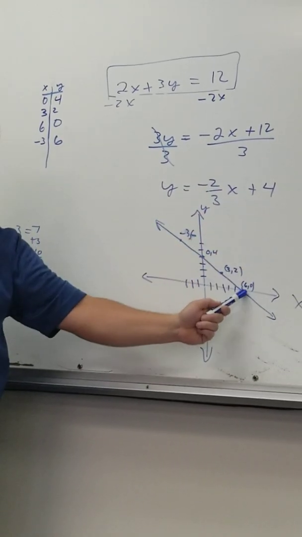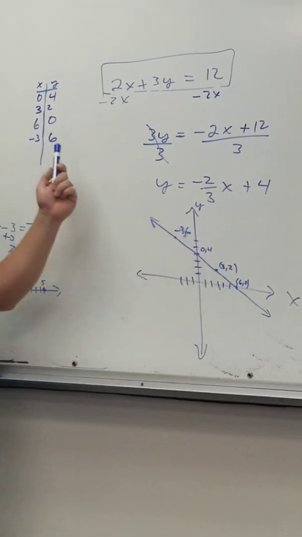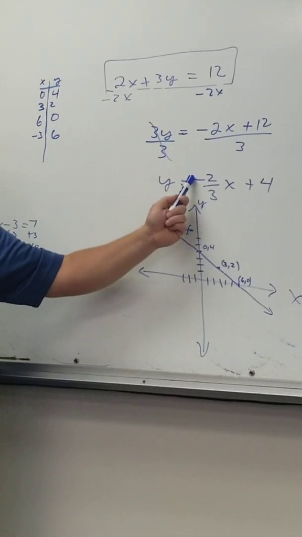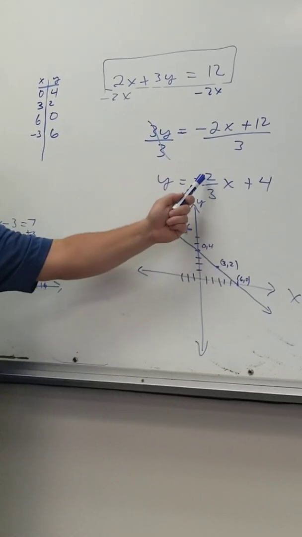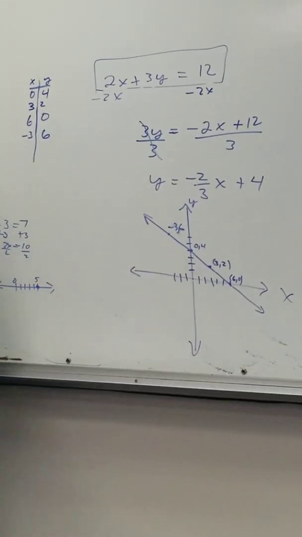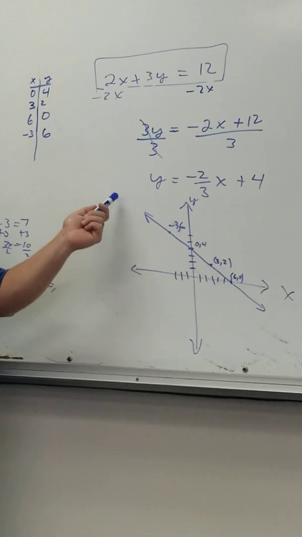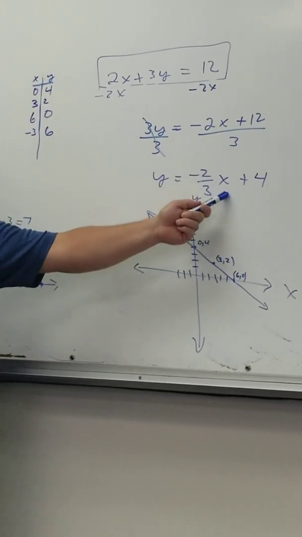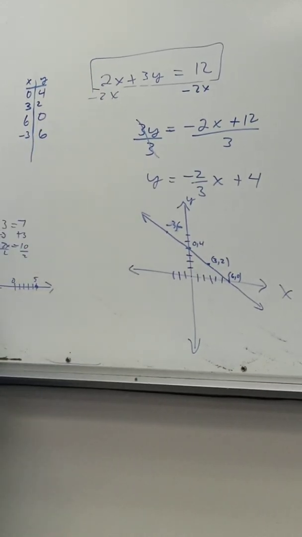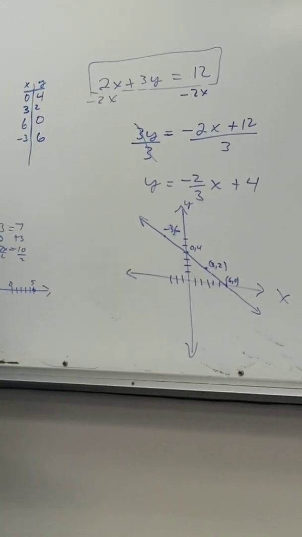Negative 4 plus 4 is 0. Negative 3. Negative times a negative is a positive. 3's divide out. Plus 2 and 4. 2 plus 4 is 6. Is that easier to do? No. It's not easier to plug it in here. It was easier to plug it in here.